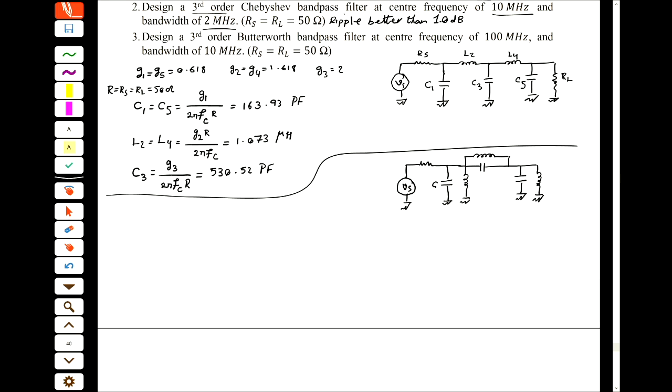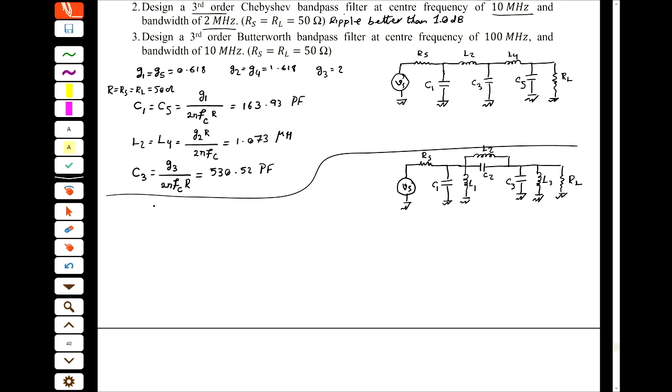So this is C1, L1, C2, L2, and C3, L3, and then our load. So this is our RL, and this is RS. So this is the shape of our filter.